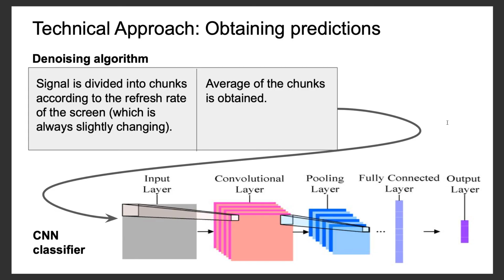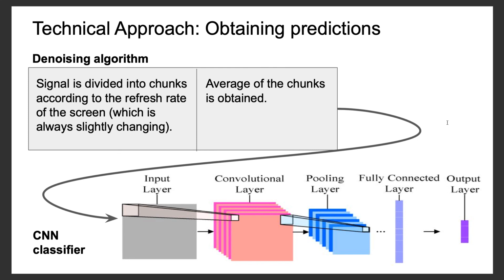Afterwards, when you already have the demodulated signal, you need to divide it into chunks according to the refresh rate, because in each refresh cycle, as I said, the image is represented. But they also found that the refresh rate isn't static; it's constantly changing by either drift or jitter. So you need a more or less complex algorithm to find the best chunk size.